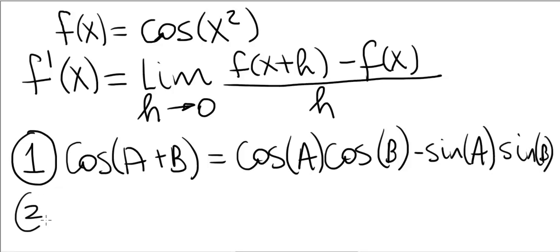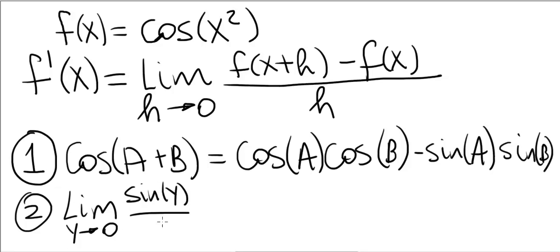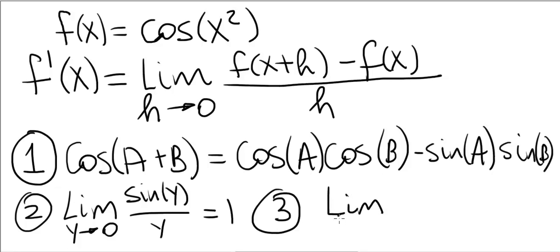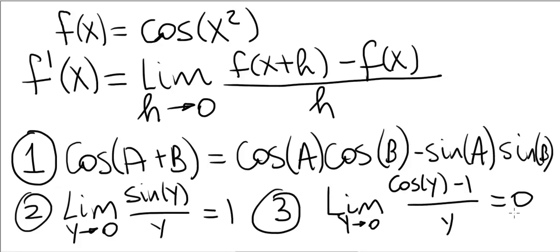The second result we'll need is the limit as y approaches 0 of sine of y over y. That limit is 1. And the third result is another limit as y approaches 0 of cosine of y minus 1 over y equals 0.